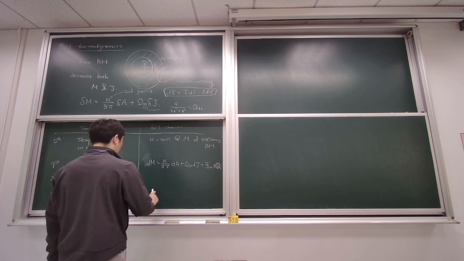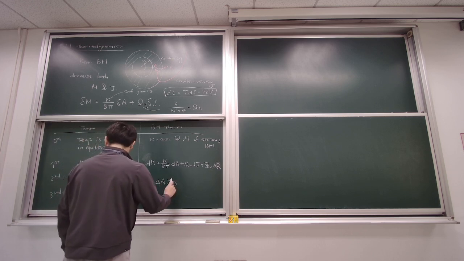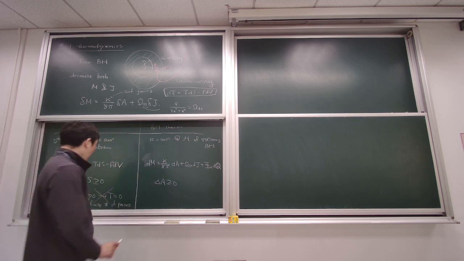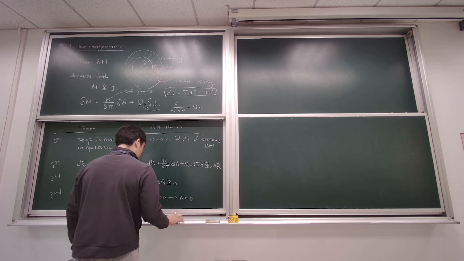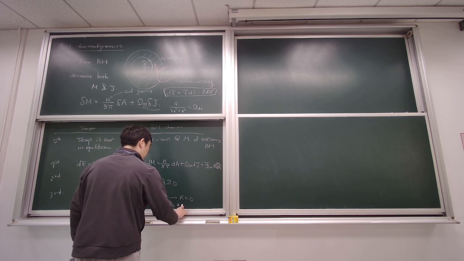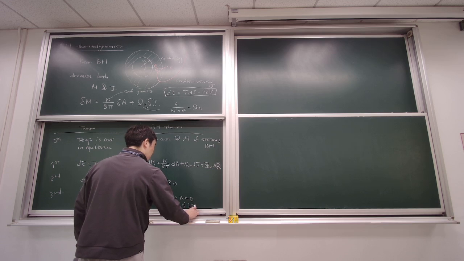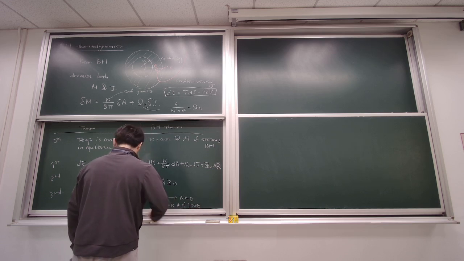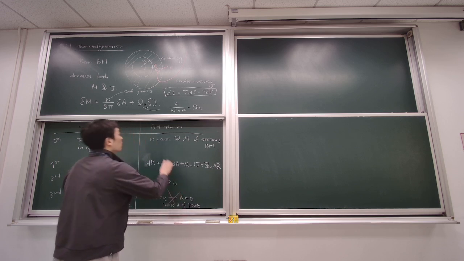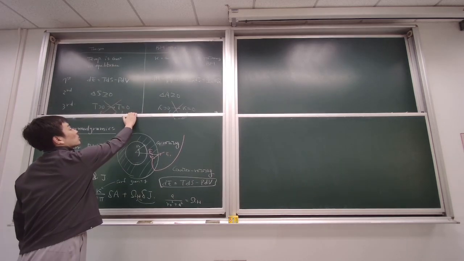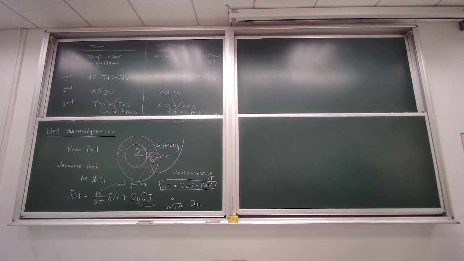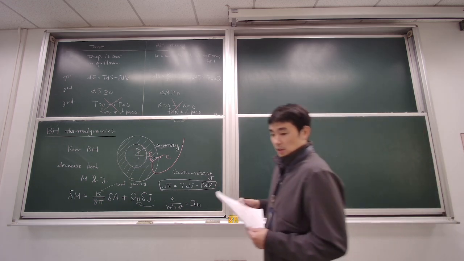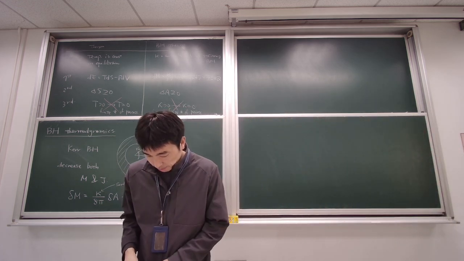The second law is the area law. And the third law: kappa going to zero is prohibited in a finite number of processes. So those are the statements of black hole thermodynamics, and we are going to derive them step by step.